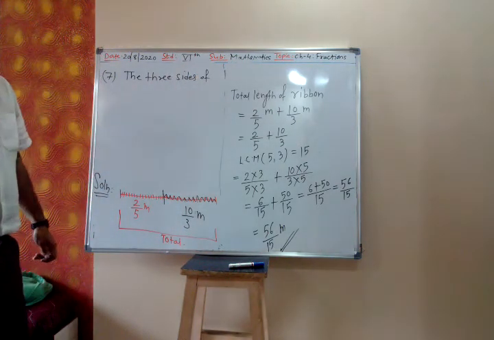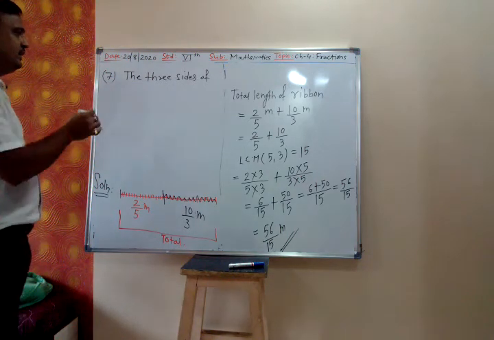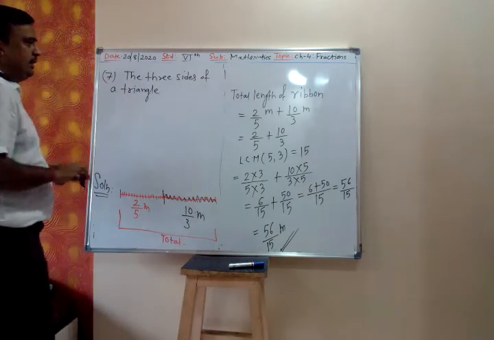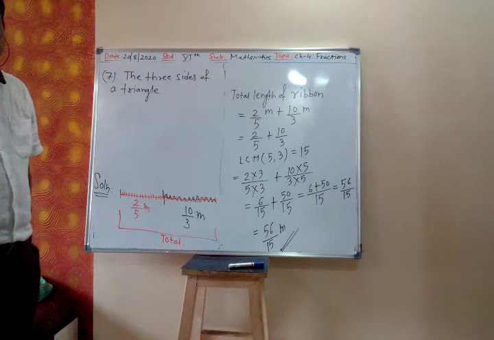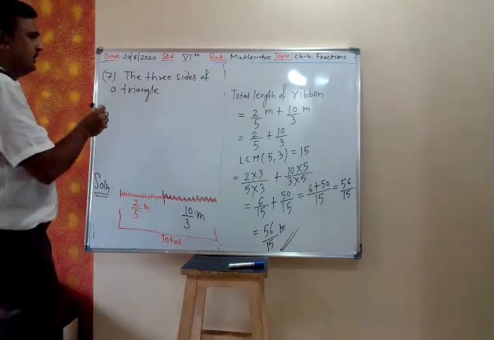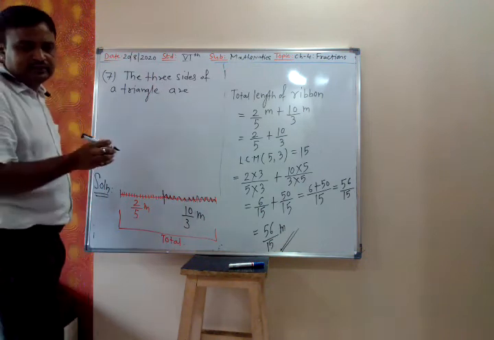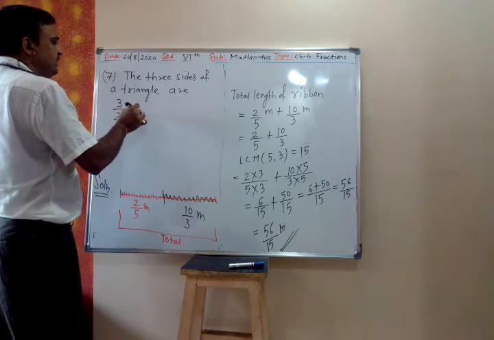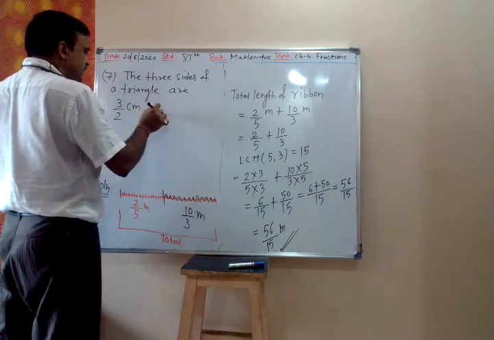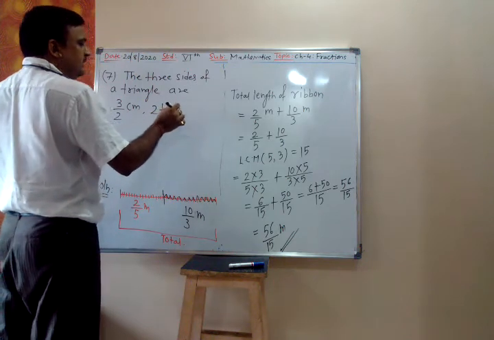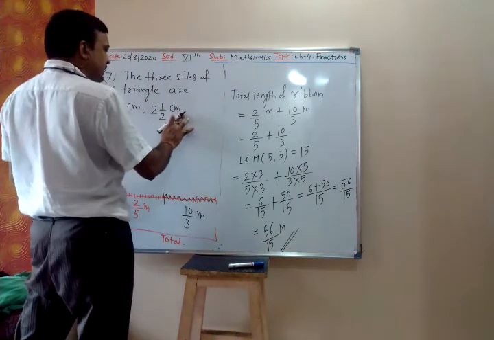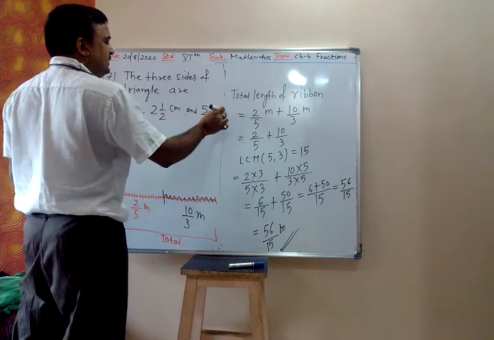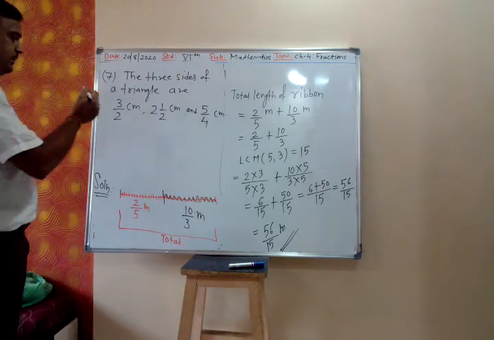We are given three sides of the triangle. 3 by 2 centimeter is one side. Then 2 and 1 by 2 centimeter is the other side. Then 5 by 4 centimeter is the third side. Three sides are given. Find the perimeter of the triangle.